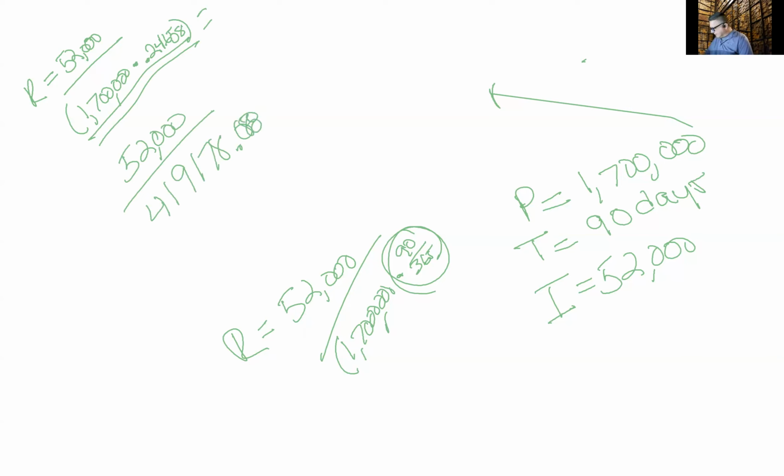Sorry, I was still without looking. So let's look here. 52,000 divided by 419,178.08 is 12.4%. Yep.